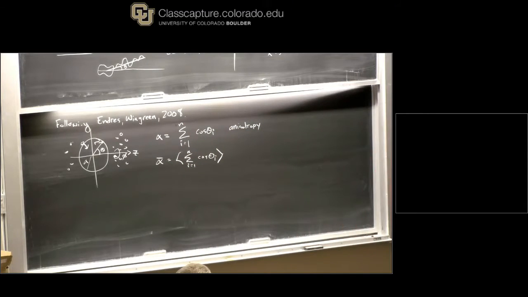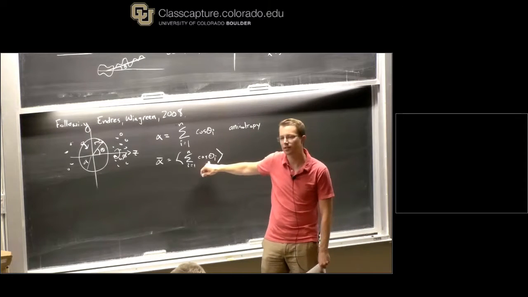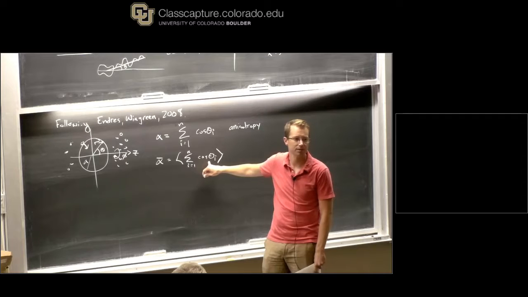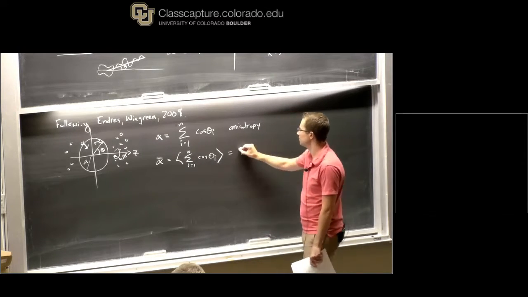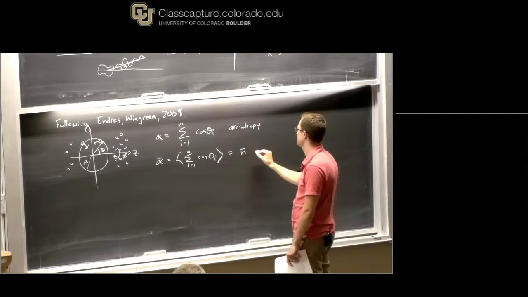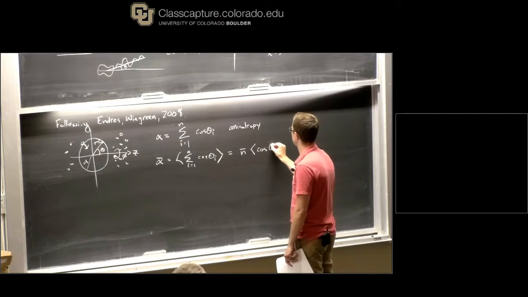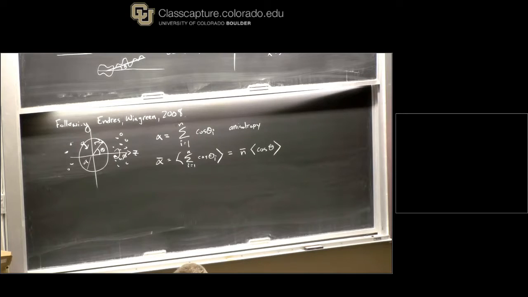But if we assume that every molecule to arrive at the surface of the cell is independent of every other molecule to arrive at the surface of the cell, then every incident of cosine theta is independent from every other one. And so we just have n of them, but n, of course, itself is a stochastic variable. So on average, we have n bar of them. And we can turn this into the product, n bar times the average of cosine theta over whatever angle describes the probability of theta.